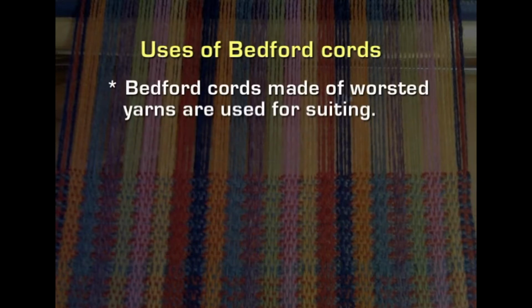The Bedford cords made of worsted yarns are used for suiting purposes. These Bedford cords are also used for shirting, coating, upholstery and uniforms as well. They are also used for making riding gear, the riding clothes or the breeches, uniforms, hats, shirts, upholstery fabrics and draperies.